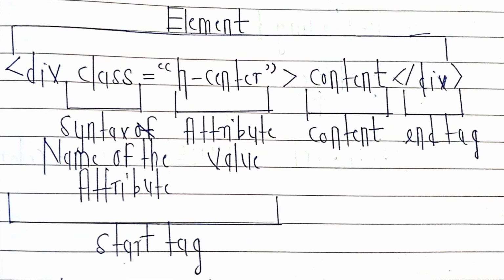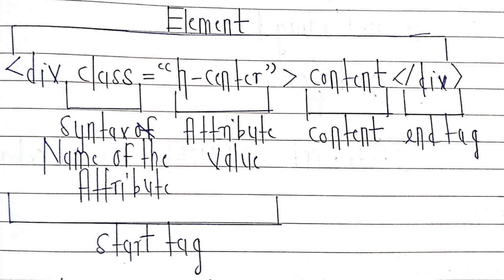Alright, now let's talk about attributes. They give extra information about an element. Look at this example. Div class is equal to double inverted comma, h hyphen center, content, div. Here's what's going on. Div is the start tag, class is equal to h hyphen center is an attribute, and in that, class is the name of the attribute and h hyphen center is the value.